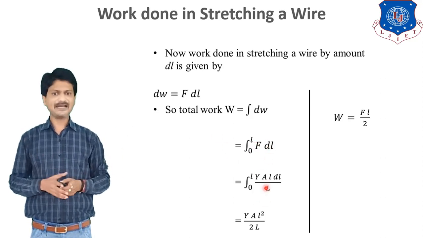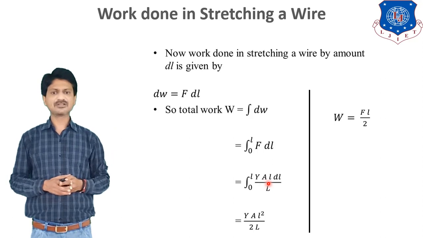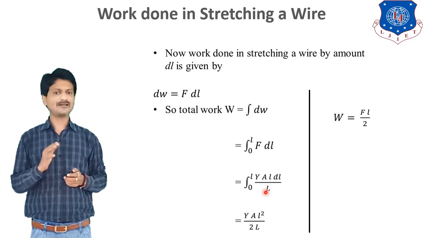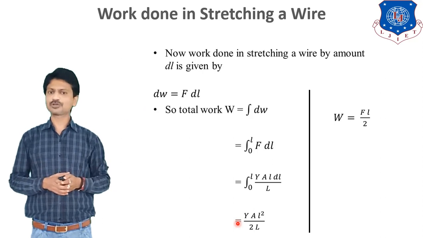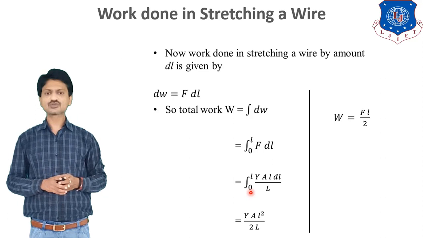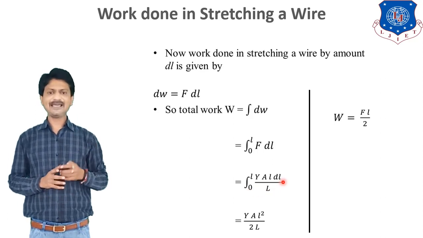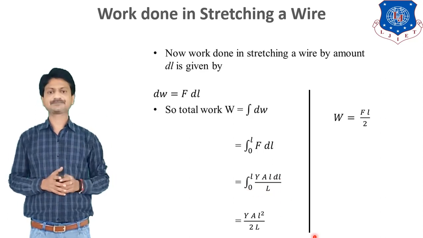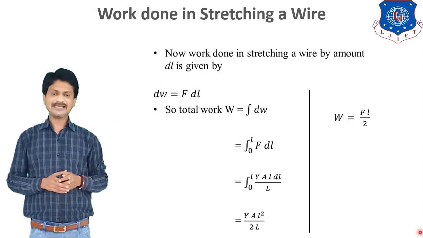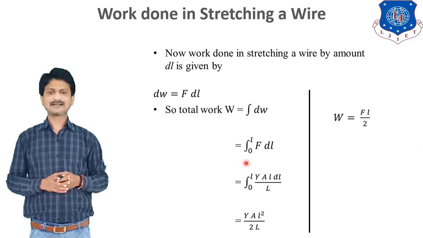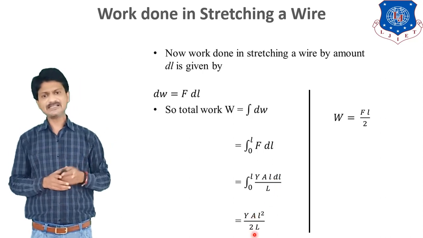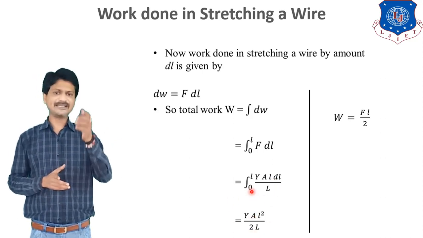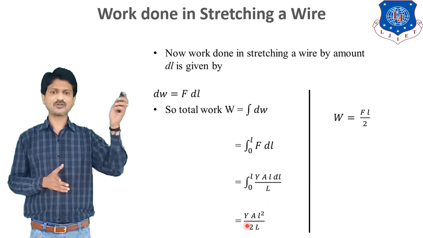Now, replacing the value of force F equals Y A small l by L in that equation, we have the final equation of total work W equals integral 0 to small l of Y A l by L into dl. Now here the variable is small l, so Y A by capital L is constant. So we can integrate the equation with respect to dl.